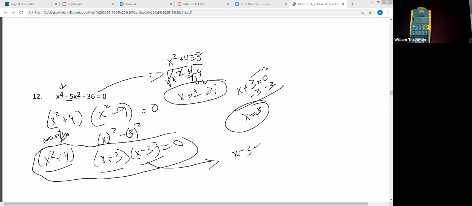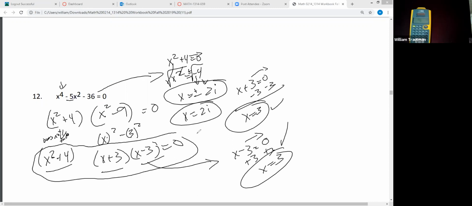X minus 3 equals 0. Take the 3 to the other side by adding 3. And x equals 3. So you should have four answers. X equals 2i. X equals minus 2i. That's what that plus or minus is. So there are four answers for this problem. 1, 2, 3, 4.